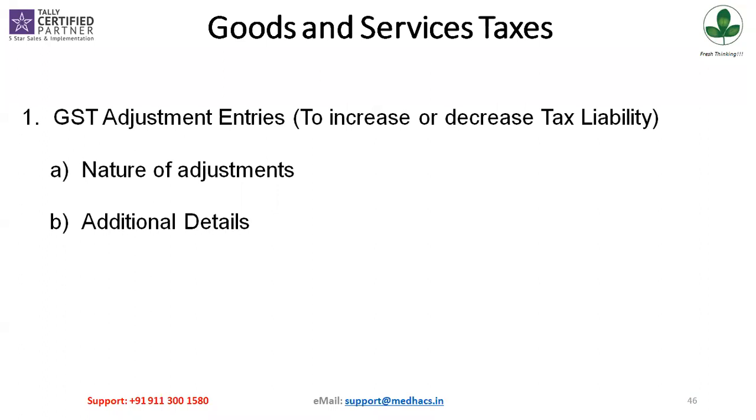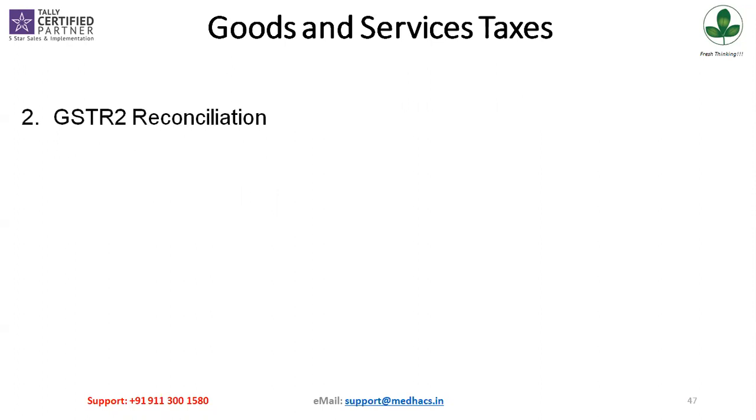Today, we will look at what are all the other adjustment entries that we could do. Okay, so GST adjustment entries in respect to increase or decrease in tax liability. Okay, the nature of adjustments and additional details. This is one thing that today we'll look at.